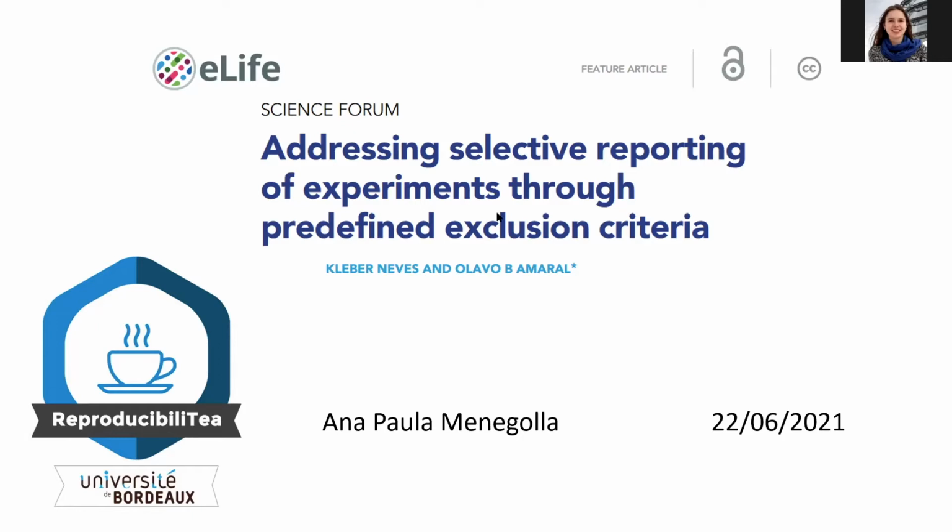So I'll be talking about selective reporting today. That is one of the practices leading to reproducibility issues. We know very well how common it is to have experiments that fail for easily identified or even for more complex reasons. And then we know that we have to repeat them a few times until everything goes well, and then until we have an appropriate sample size.